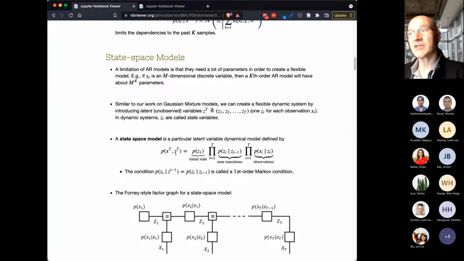And importantly, for each observation X of T, I get a new Z, so also a Z of T. They're not observed. And then maybe I should have written that as well here, comma theta, the parameters. Both Z and theta are hidden, unobserved variables.